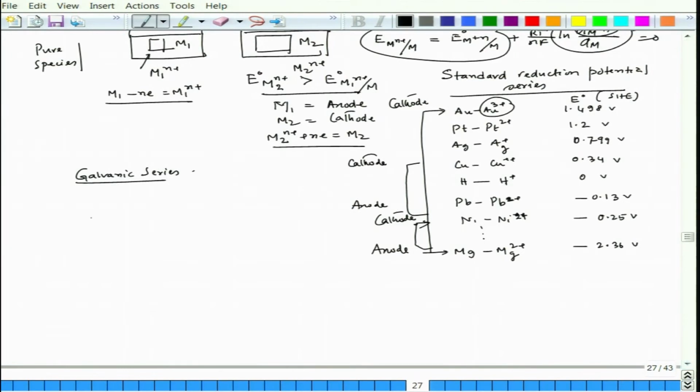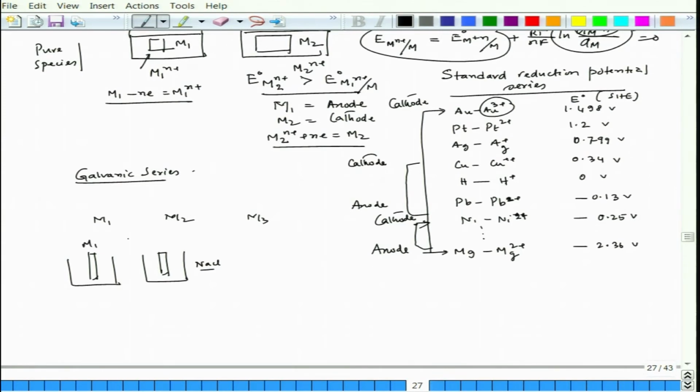Okay. So, let us say we have a metal M1, and M2, and another metal M3. Let us say this M1 metal and M2 metal are dipped in, let us say, NaCl solution or seawater solution.